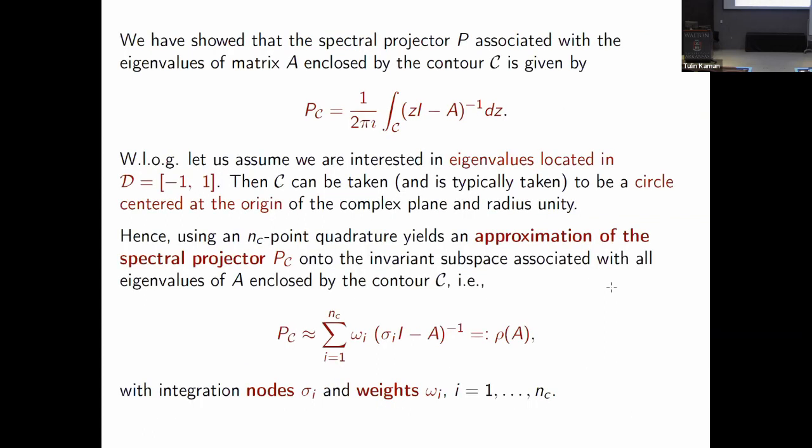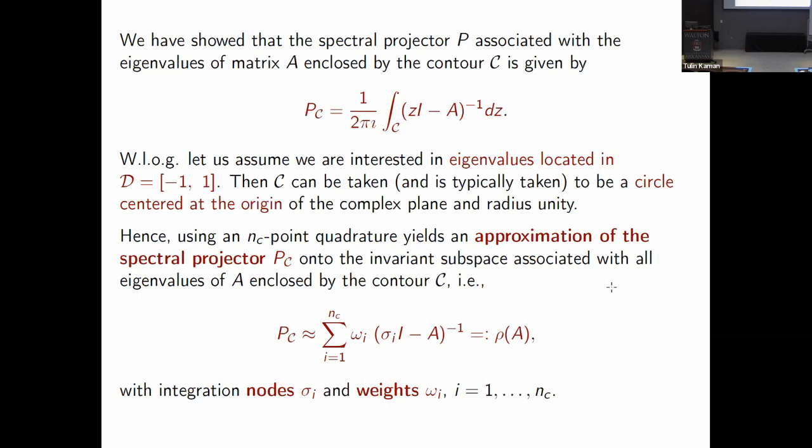We have shown that the spectral projector associated with the eigenvalues of the matrix A which are in some particular region of the complex plane is exactly a contour integral of the resolvent with some scaling factor. Let's assume we have a Hermitian problem, so all the eigenvalues are real, and we scale the region such that we are in the interval -1, 1.